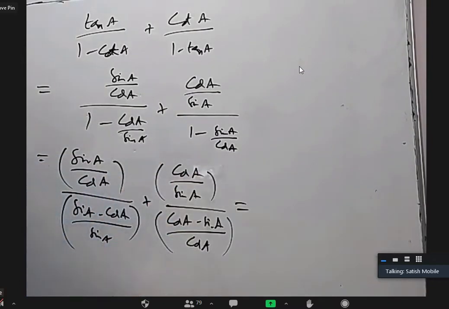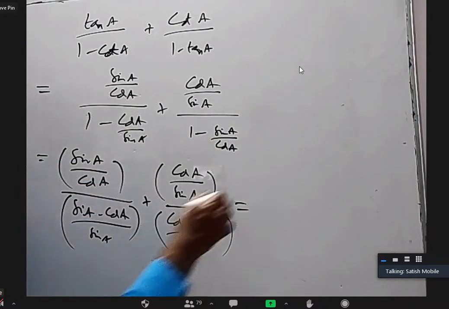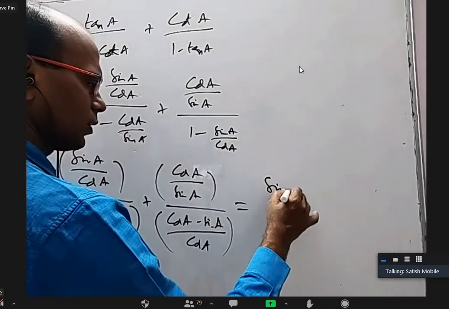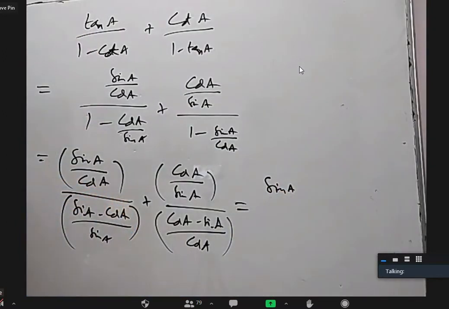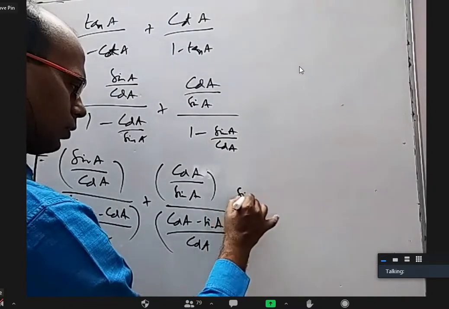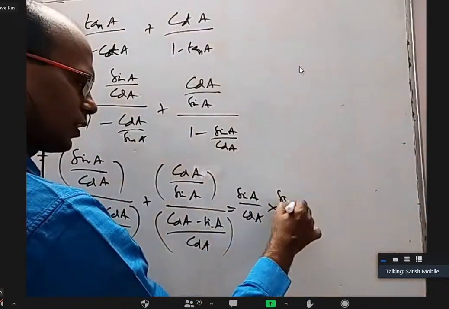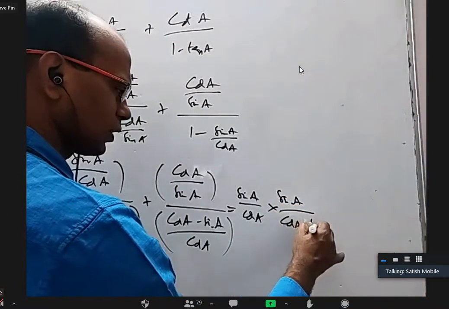When I take to numerator, I have to take the reverse of this and the reverse of this. When I take reverse, it will become sin A by cos A into, this I can write sin A up, by cos A minus sin A.